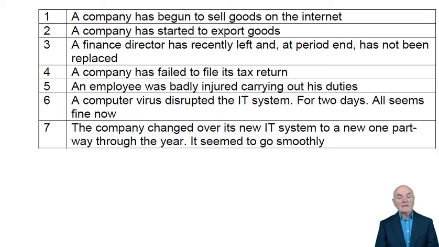The company changed over its IT system to a new one partway through the year. It all seemed to go smoothly. But I think, as I mentioned in the previous lecture, this almost gives you 3 audits to do. There's auditing what happened under the old system and making sure that was going correctly.